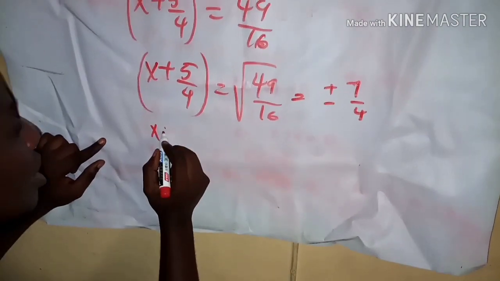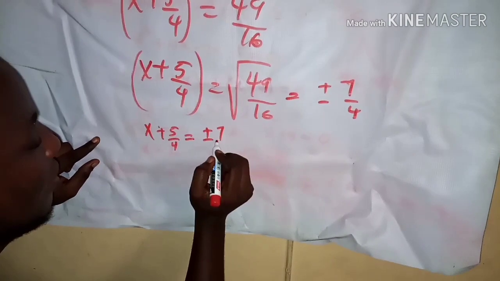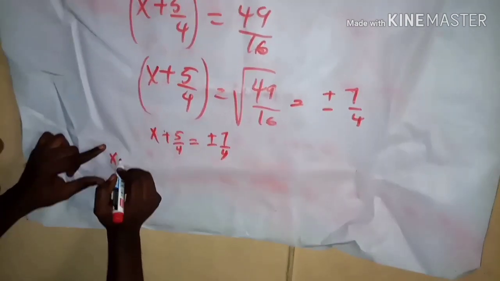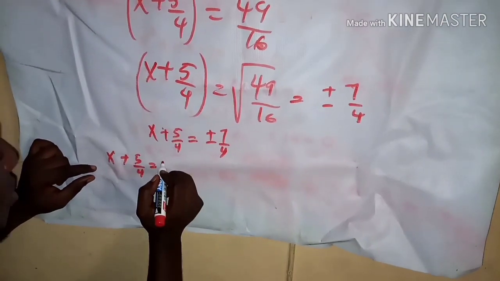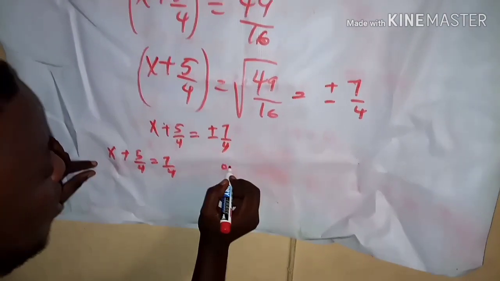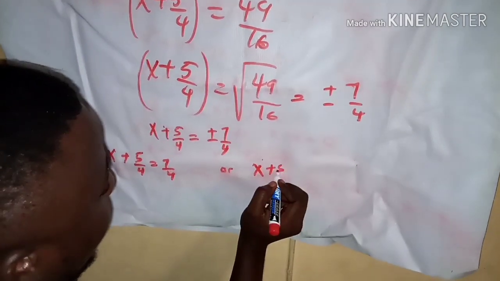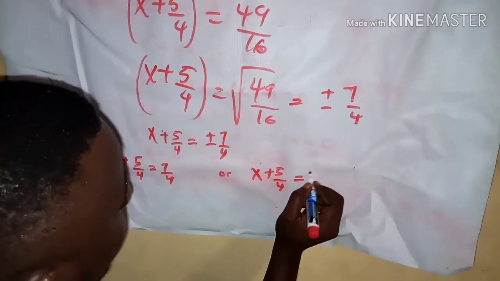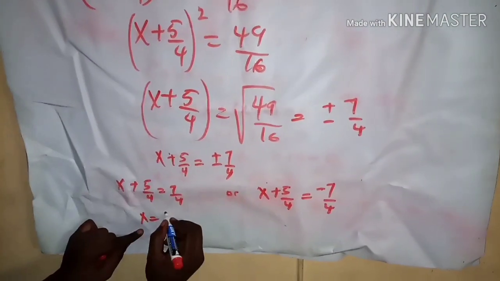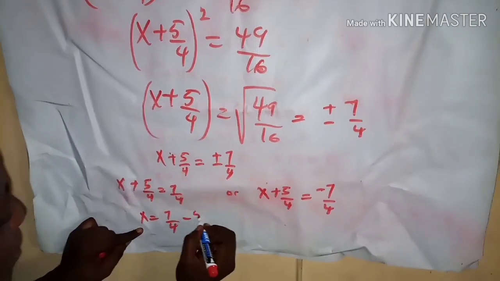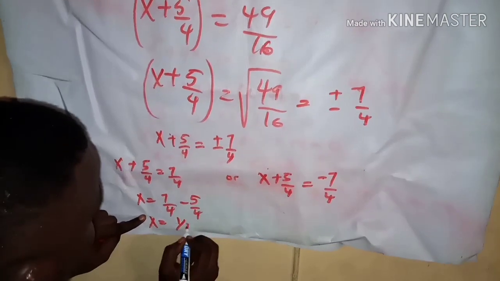So if x plus 5 over 4 is equal to plus or minus 7 over 4, then x plus 5 over 4 is 7 over 4, or x plus 5 over 4 is equal to minus 7 over 4. So x is 7 over 4 minus 5 over 4, which makes x equal to 1 over 2.